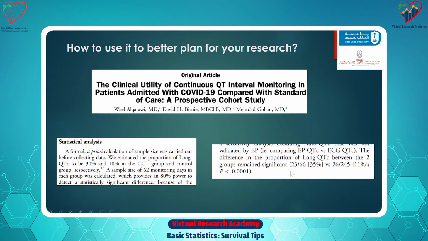We didn't collect data and then say, let's calculate the p-value, and if it was positive, we'll stop. We predicted that it would be 30%, and we got 35%. We predicted that it's going to be 10% in the standard of care. We got 11%. So I think it gives us more confidence that this finding is true.